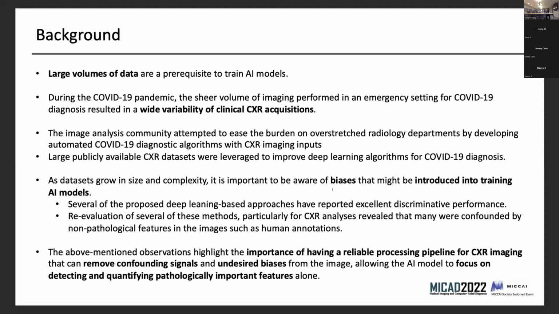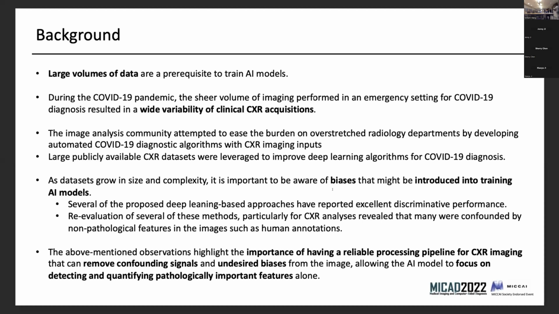Big data has been a prerequisite for AI models, and especially during the COVID pandemic, there was a point in which people were trying to diagnose COVID from images, just because when it hit, there was a shortage of PCR tests. People collected a lot of CXRs, and we found that using deep learning, you could diagnose people pretty well, whether they had COVID or not.